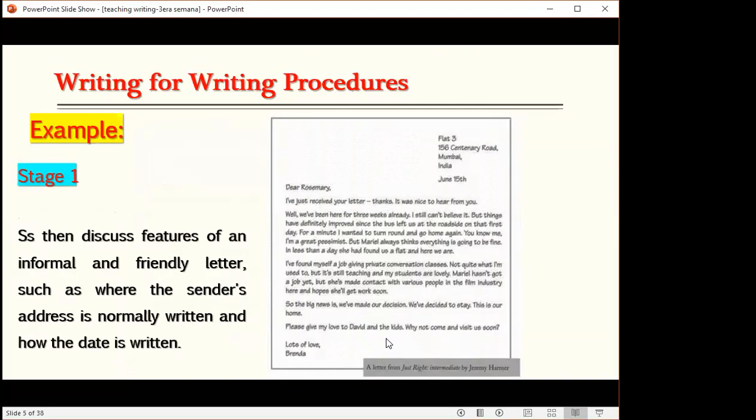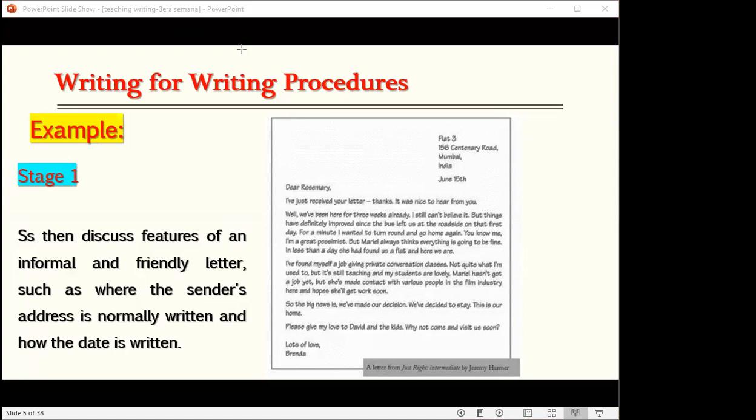Yeah, then notice that the students then discuss features of an informal and friendly letter, such as where the sender's address is normally written and how the date is written. So you ask them to analyze some aspects of the letter. For example, first, you ask them to discuss some features, some characteristics.